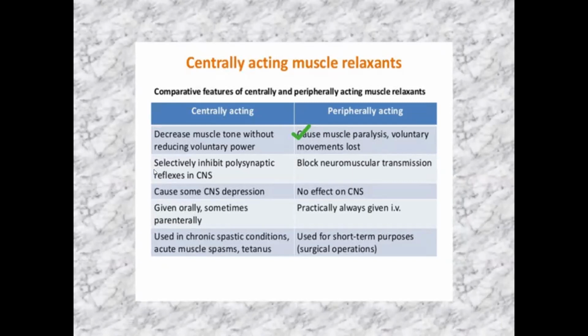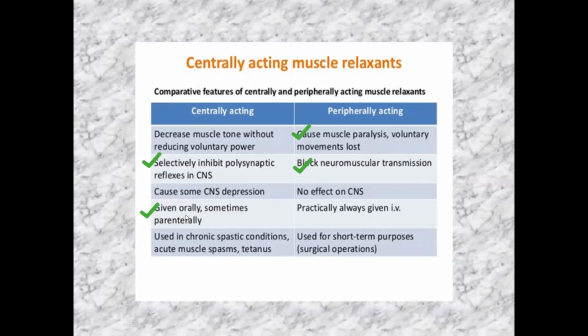And again, one of the important points is the mechanism of action. Centrally acting muscle relaxant inhibits polysynaptic reflexes in CNS. But peripherally acting muscle relaxant has no effect on CNS. It blocks neuromuscular transmission.